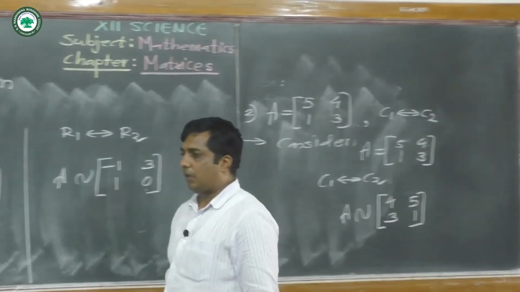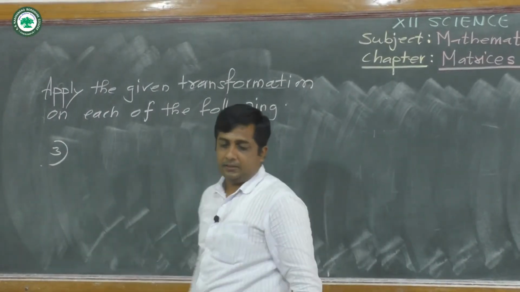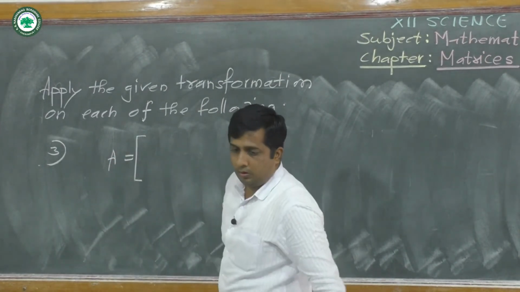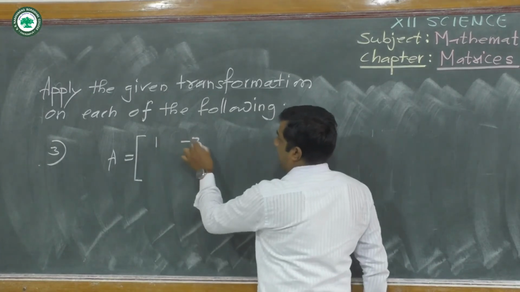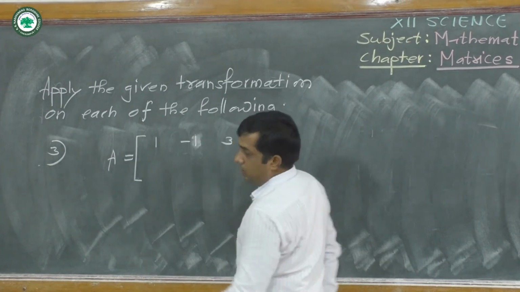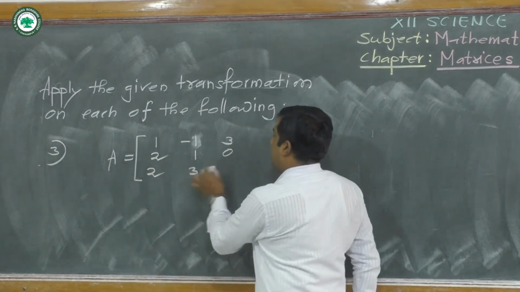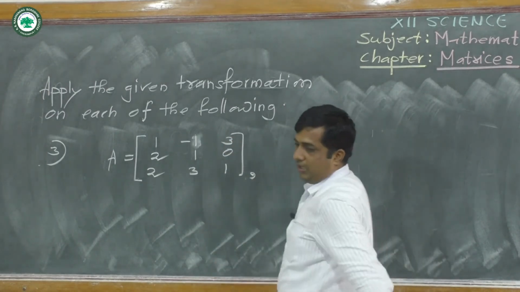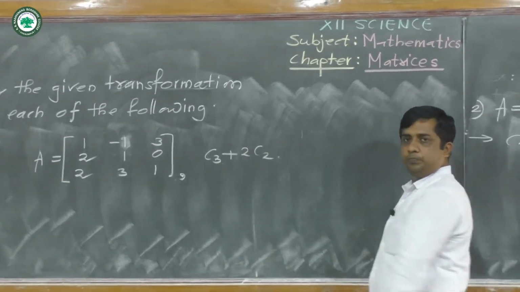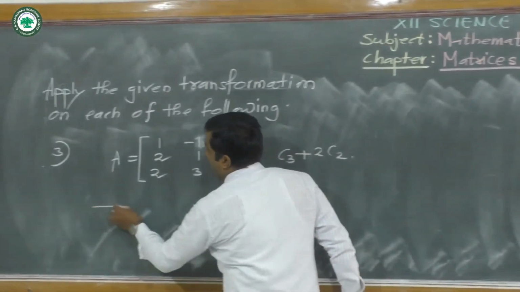Let us consider another one. In the third example, we consider a matrix. In the first row 1 minus 1 3, in the second row 2 1 0, and in the third row 2 3 1. Transformation given is C3 plus 2C2. Consider the given matrix again.